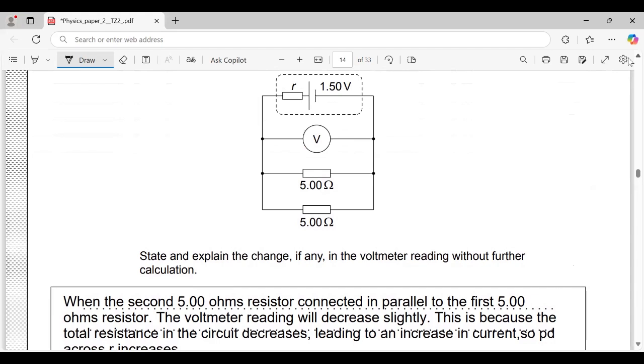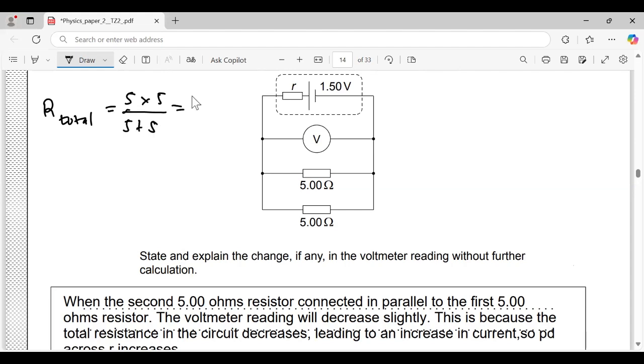I'm going to add to this explanation. For two 5 ohms resistors in parallel, the total resistance equals 5 ohms times 5 ohms over 5 plus 5 ohms.